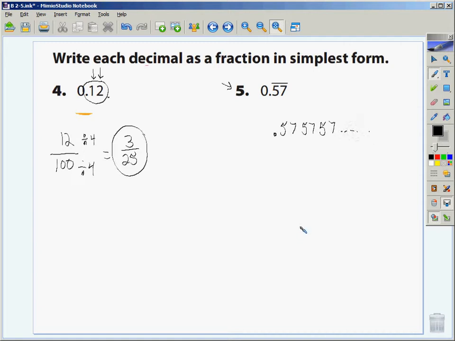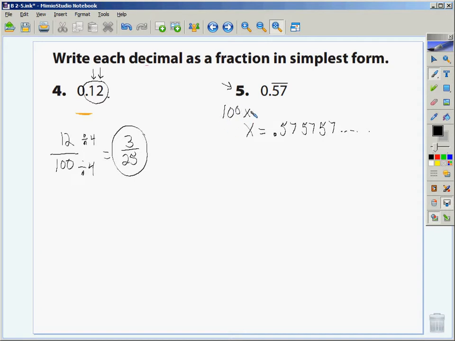this, right? If you see 2 numbers that are repeating, I'm going to let this be a variable. I'm going to let this be x. If there's 2 numbers that are repeating, in other words, it's repeating over to the hundredths place, then I want to multiply this x by 100.